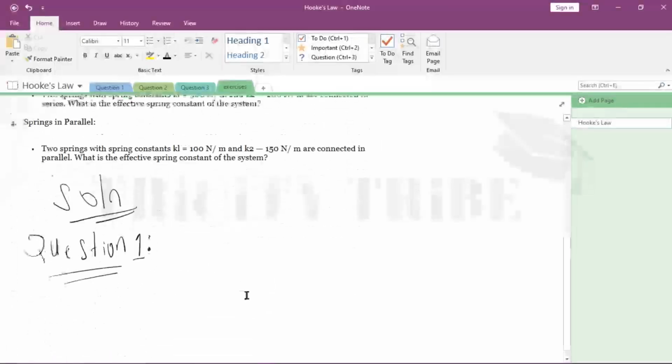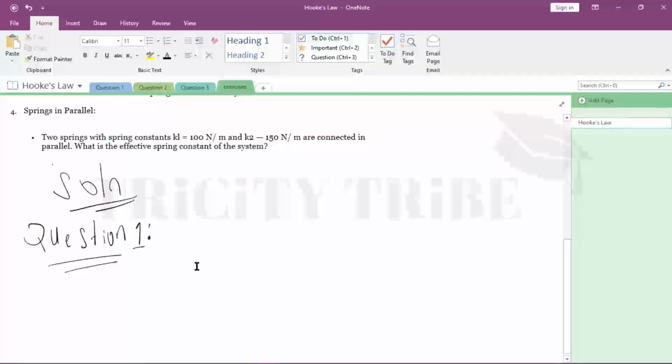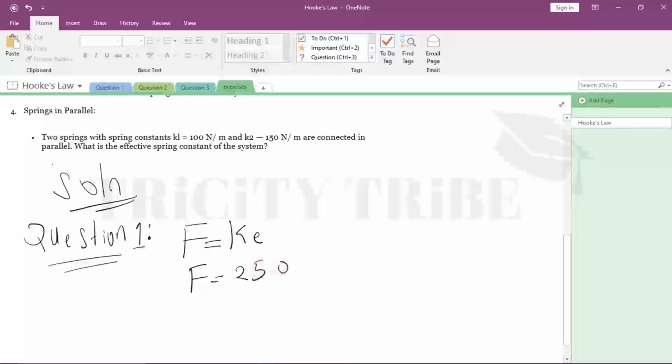Remember that our formula for Hooke's law is F equals K E. I need F. I have K as 250, I have E as 0.2. What does that give us?